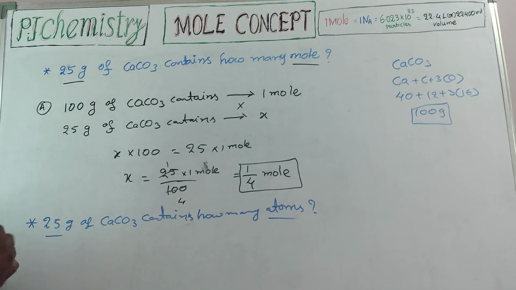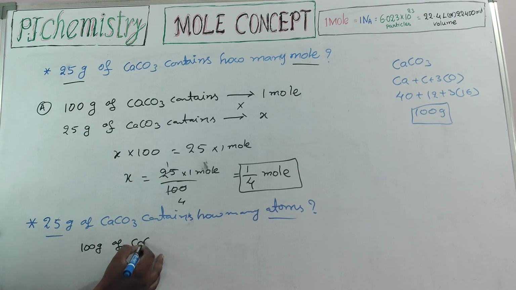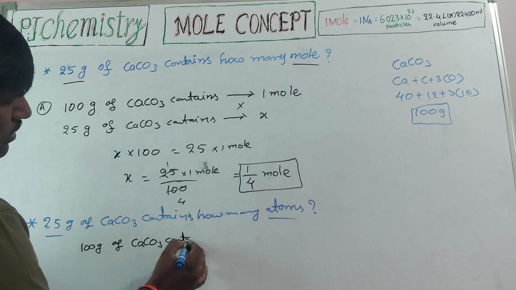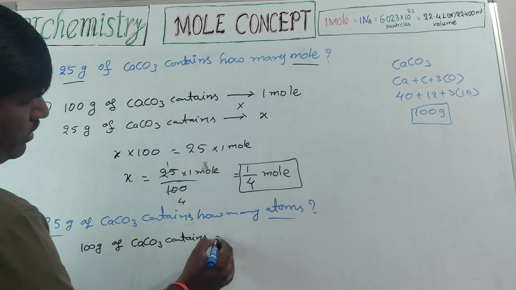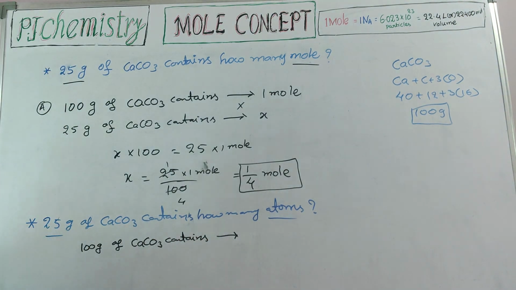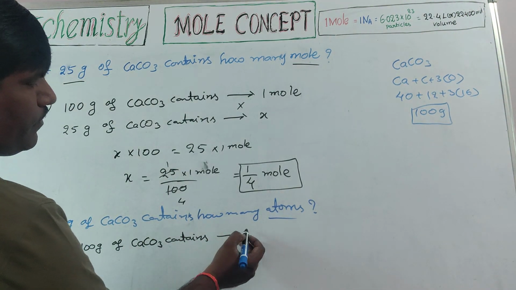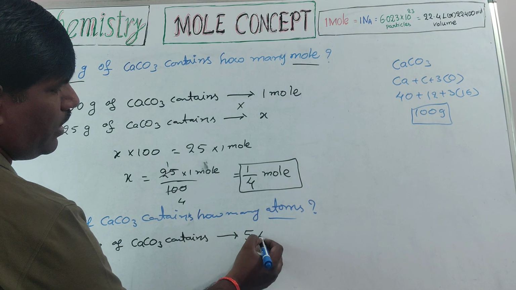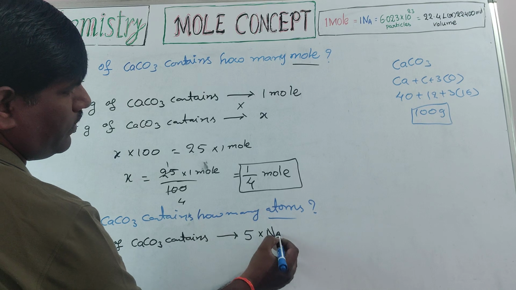So 100 grams of CaCO3 contains 5 Avogadro number of atoms.